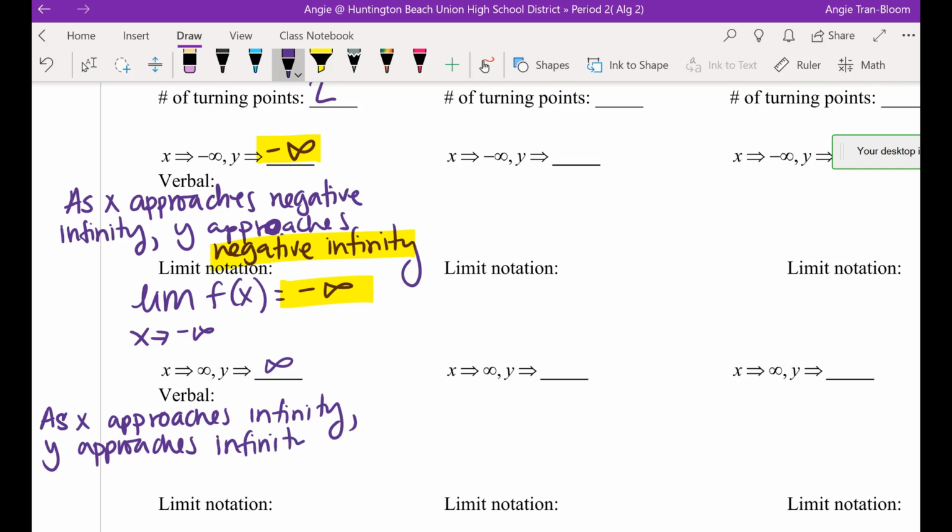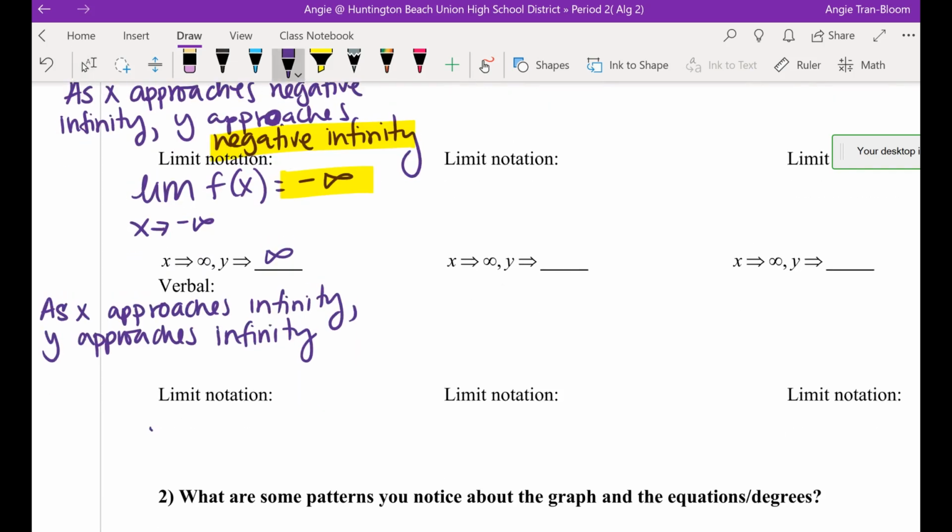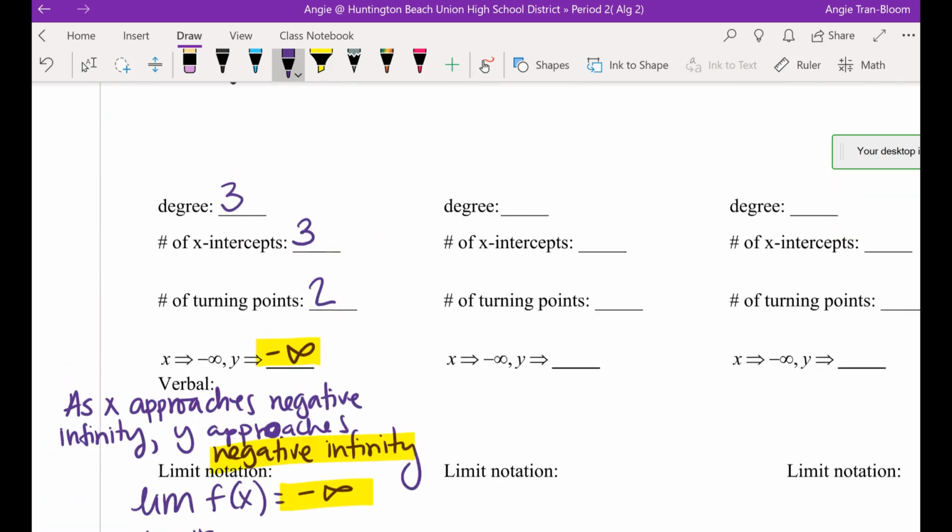Okay, now limit notation. Here we go. The limit as x approaches infinity of our function, which is a cubic, equals what should I make it equal to? Infinity. Okay, so that's the end of our cubic.